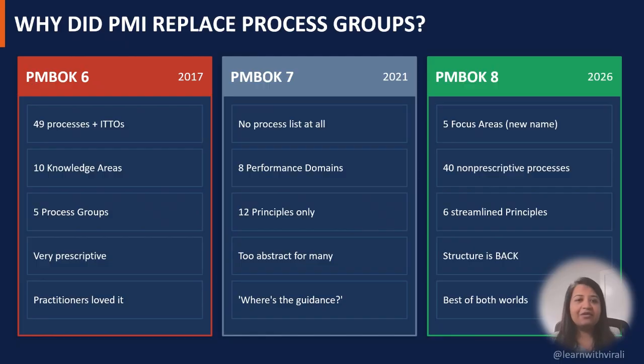Same lifecycle concept: initiating, planning, executing, monitoring and controlling, and then closing the project, but redesigned to work across predictive, agile, and hybrid environments. Inside those 5 areas, all those 40 non-prescriptive processes reside, so you can choose which ones to apply to your project and when. That's the answer to what changed, and now let's understand each of these areas in a little more detail.